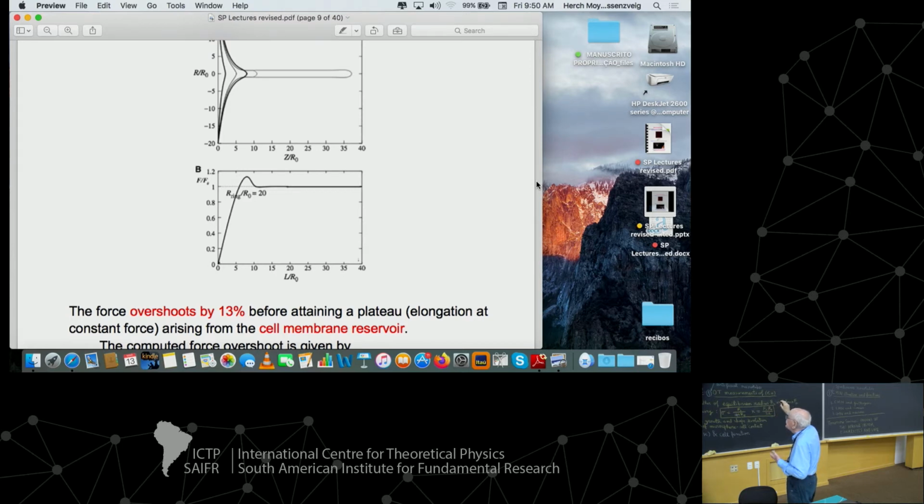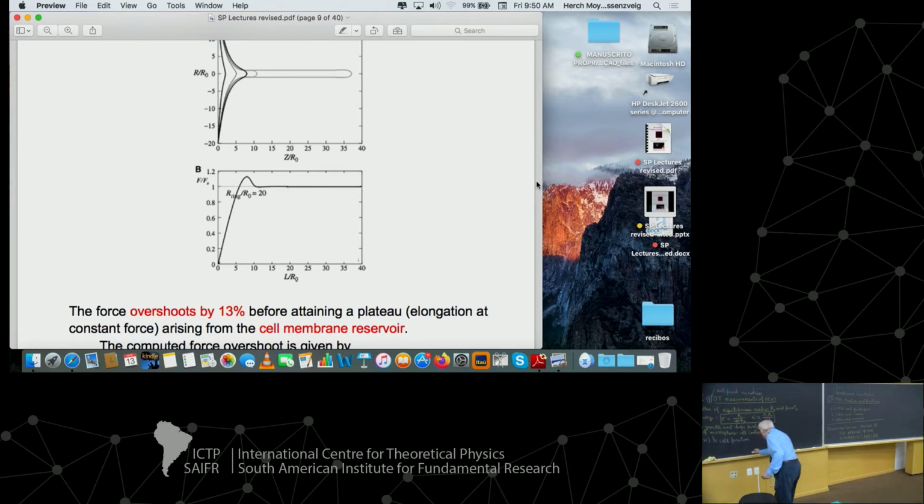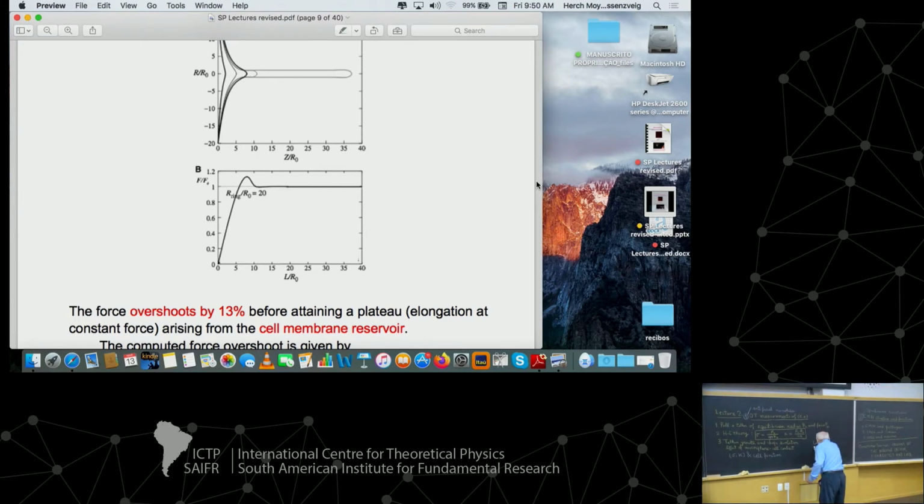Why is that? It's an elongation at constant force because the cell membrane has a reservoir of extra membrane in various ways, okay? The membrane, instead of going straight, here is the inside, and therefore here you have extra membrane available. So that's what is happening there.